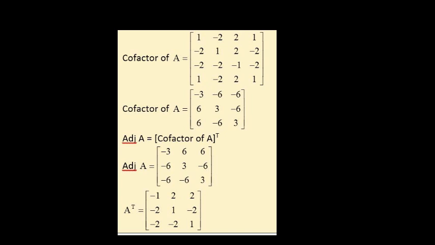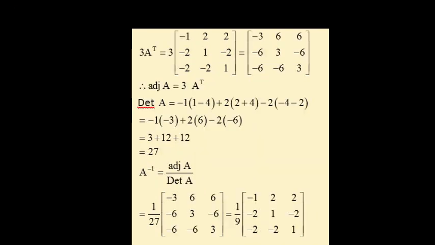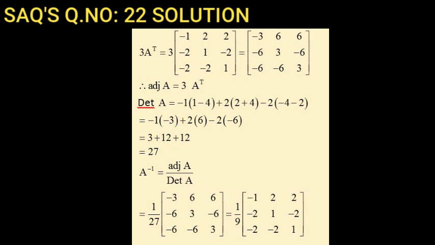Now consider A transpose. A transpose is equal to, changing the rows into columns, we get [-1, 2, 2; -2, 1, -2; -2, -2, 1], the third row. Now 3A transpose is equal to 3 into A transpose. Here we use scalar multiplication. Scalar multiplication means each element is multiplied by a scalar.